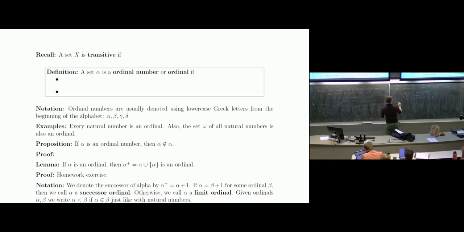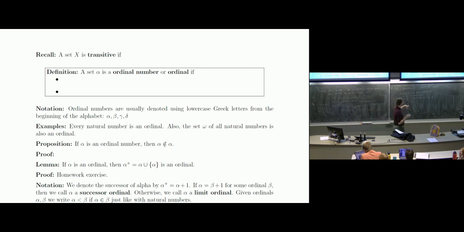So, examples. Omega is a transitive set that is well ordered by less than. In fact, that was the definition of omega. It's the least set with this property.